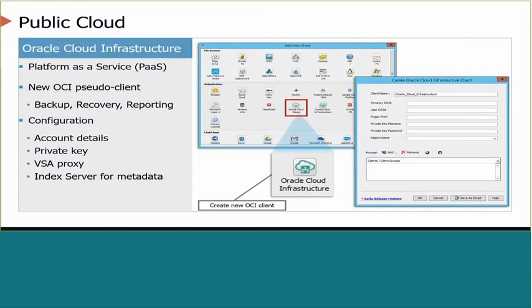So a couple of key points here is in Service Pack 13, it's rolled into the console. And if you have multiple OCI cloud accounts, you'd want to create an individual OCI client for each one of them. As you can see here, that account information is kind of unique on the client settings itself there.